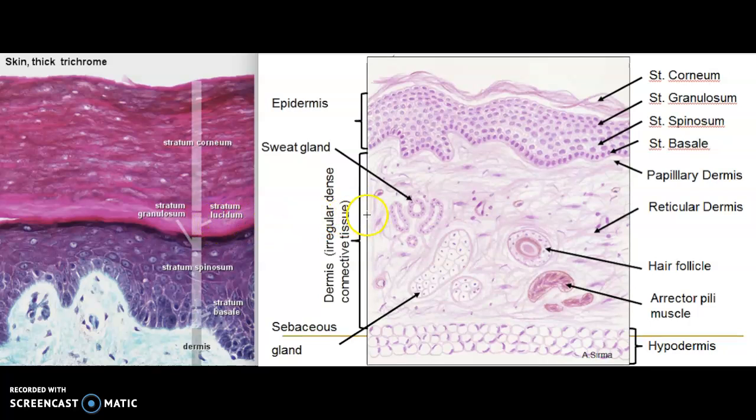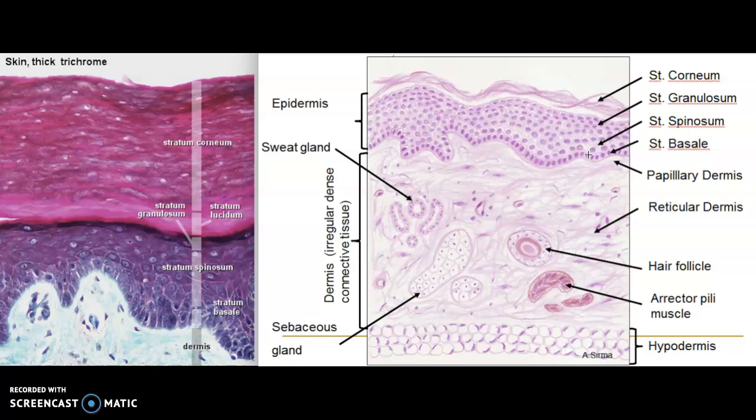Then we have stratum granulosum, which is right here, and this is the second deepest layer, and this is a little bit thinner layer of cells, and it is full of keratin.